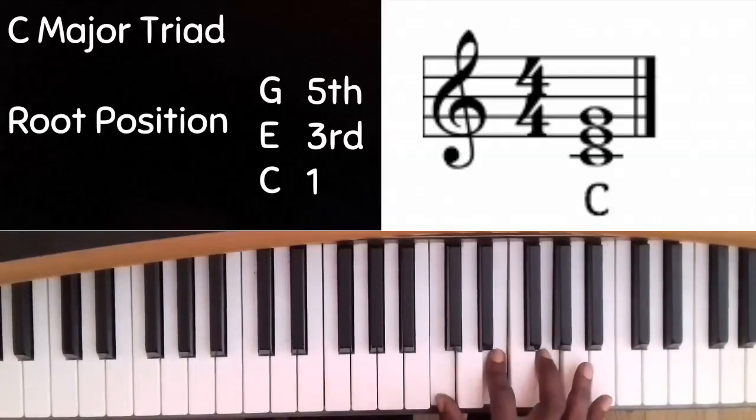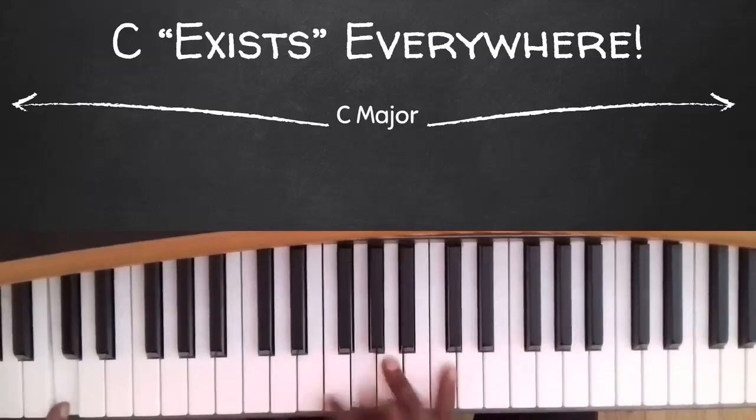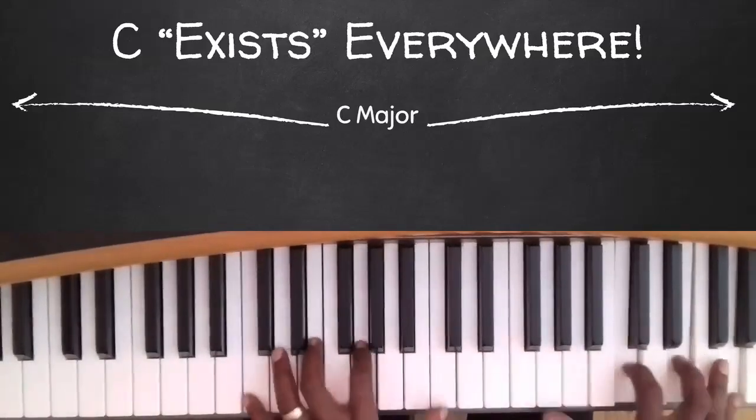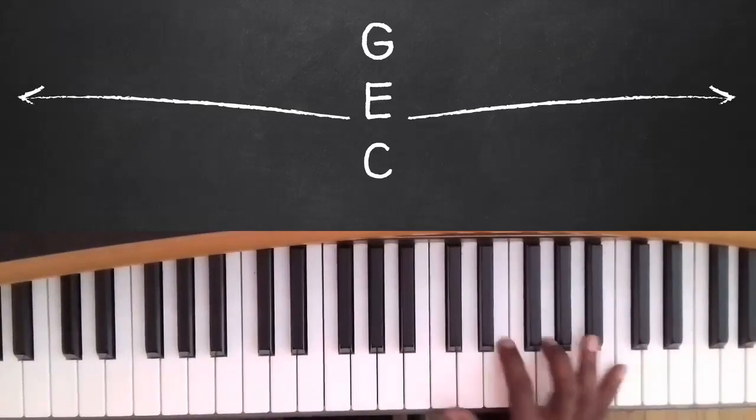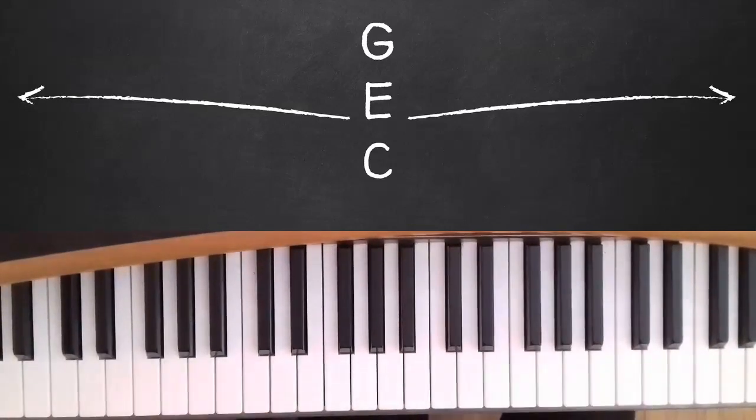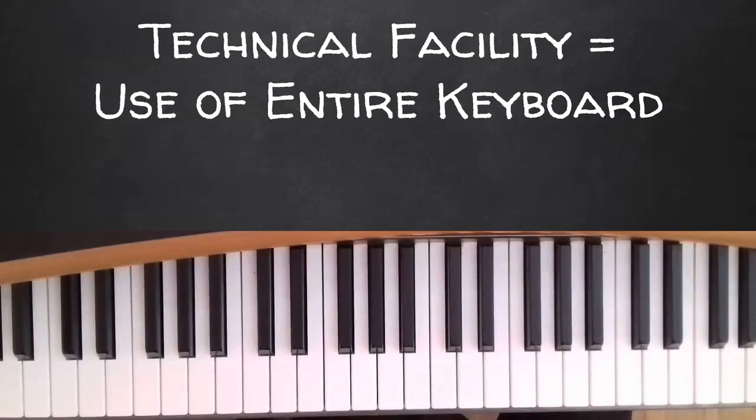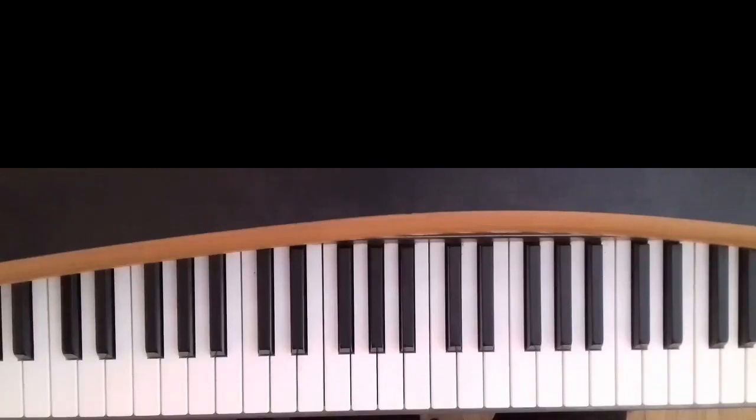For me, that's not a C. That's C, all across the width of the piano. C exists everywhere. And that's important when you're trying to figure out what it is that a pianist like me is playing. Just to get started, you need a good understanding of arpeggios.